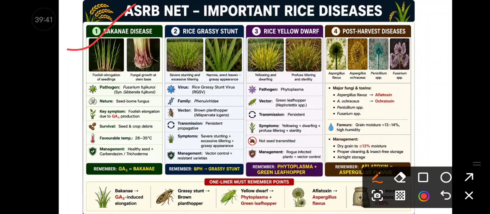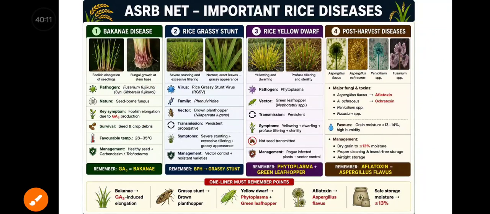Fusarium fujikuroi, or Gibberella fujikuroi, produces GA3, and this GA3 is responsible for foolish elongation. What happens when this disease occurs in a plant? Excessive elongation of seedlings occurs, due to the production of GA3 by the fungus. That's why excessive elongation is observed.